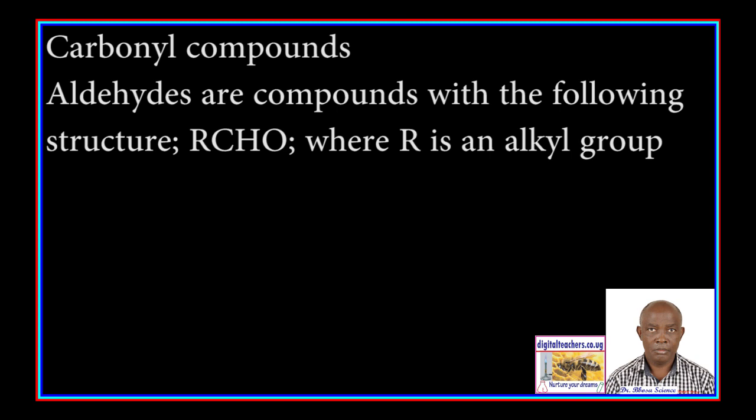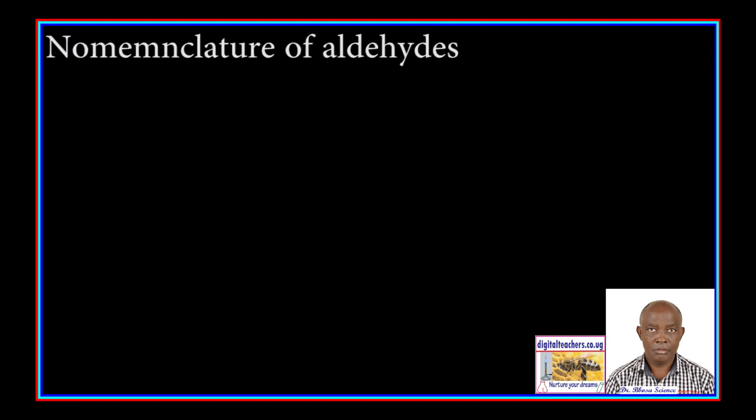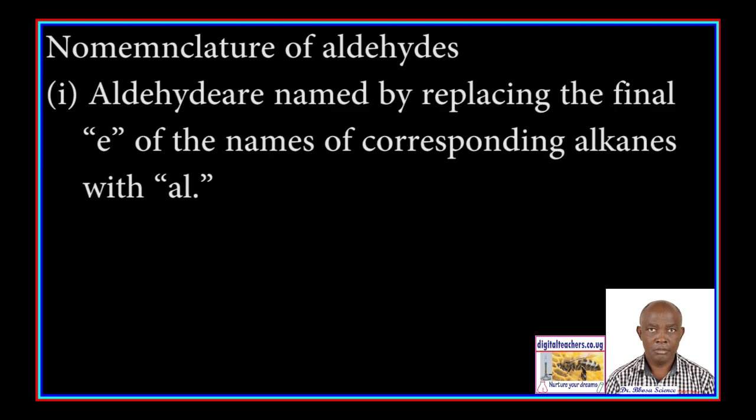Aldehydes are compounds with the following structure, where R is an alkyl group. Nomenclature of aldehydes. Aldehydes are named by replacing the final E of the corresponding alkanes with Al.